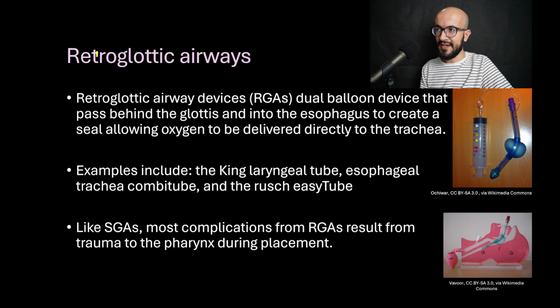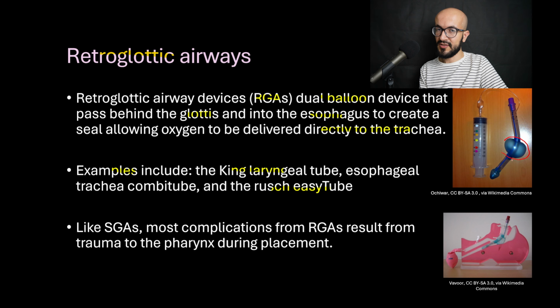The retroglottic airways, on the other hand, the RGAs, include a dual balloon device that passes behind the glottis and into the esophagus to create a seal, allowing oxygen to be delivered directly to the trachea. Examples for those include the King laryngeal tube, the esophageal tracheal Combitube, and the Rusch EasyTube.